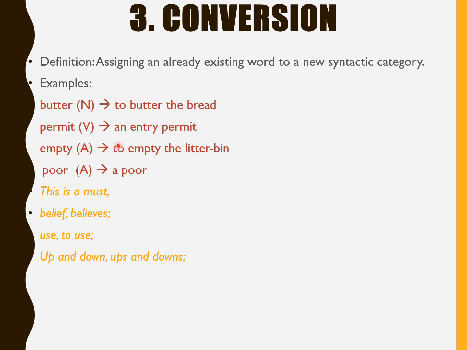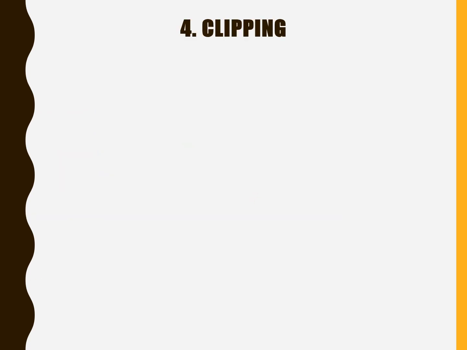Empty became the verb form to empty. Poor, the adjective, became a noun form. Must also became a noun. Believe, belief. Use, to use. Up and down, ups and downs. Okay, now let's move to the next page.